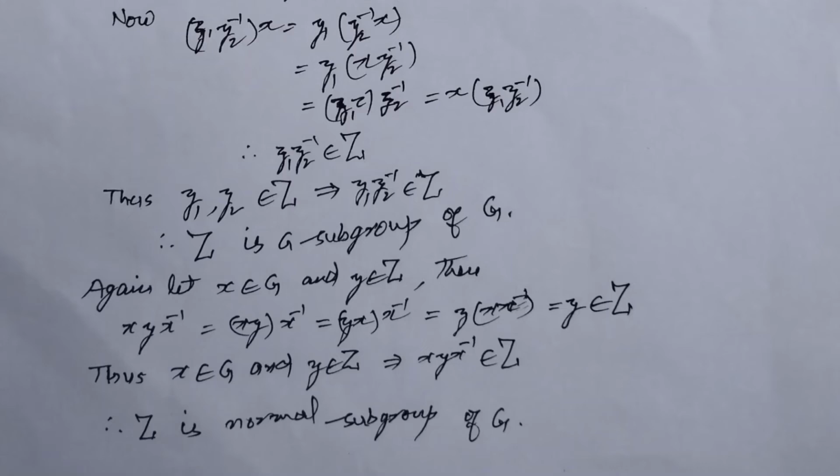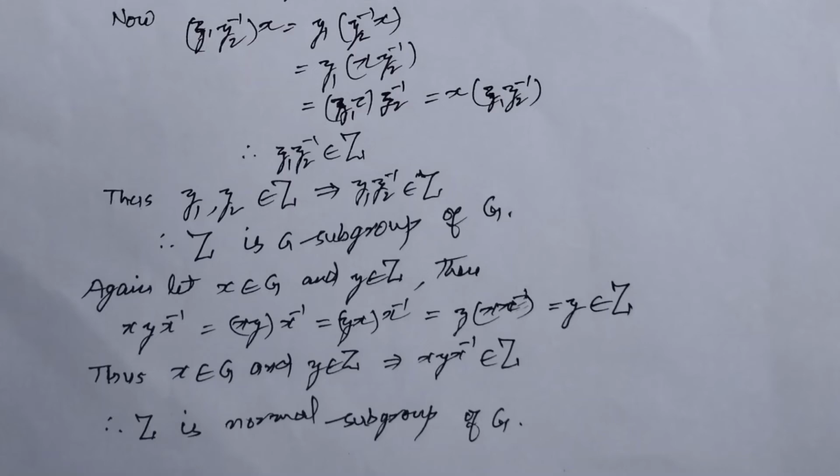This means z1 z2 inverse commutes with the element x of G, and therefore z1 z2 inverse belongs to Z. Thus, z1, z2 belonging to Z implies z1 z2 inverse belongs to Z, and therefore Z is a subgroup of G.